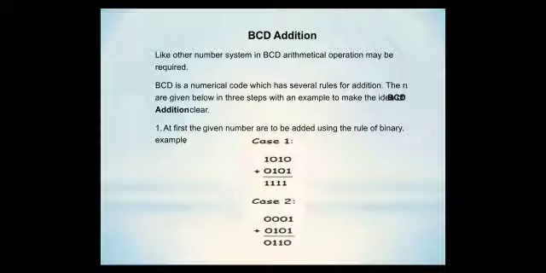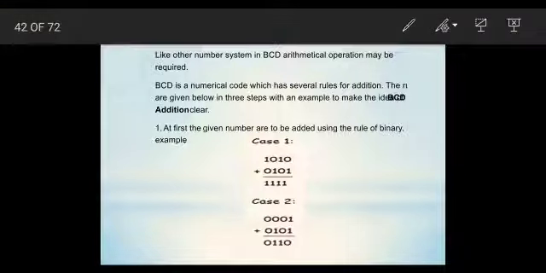And 0101 is 4 plus 1, 5. So here I am adding 10 plus 5, we get the resultant value 15.